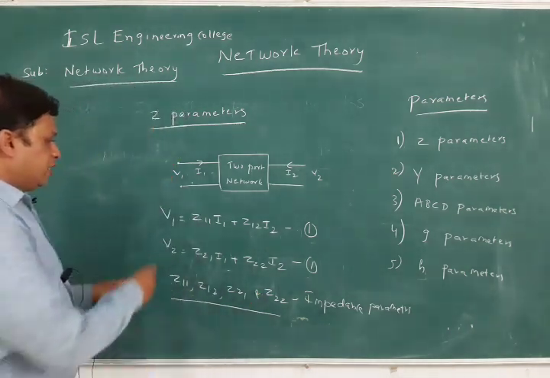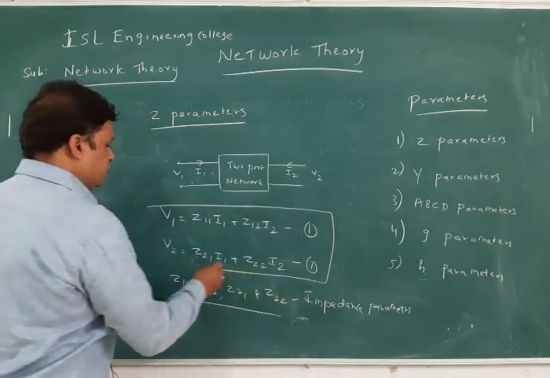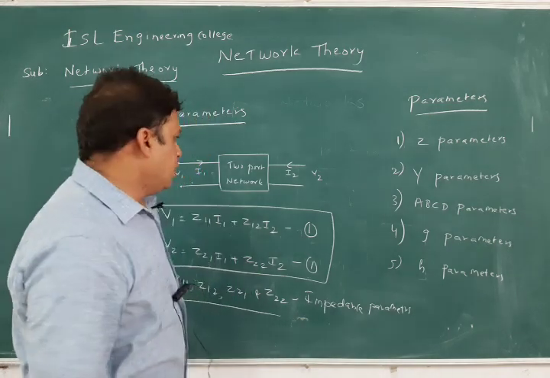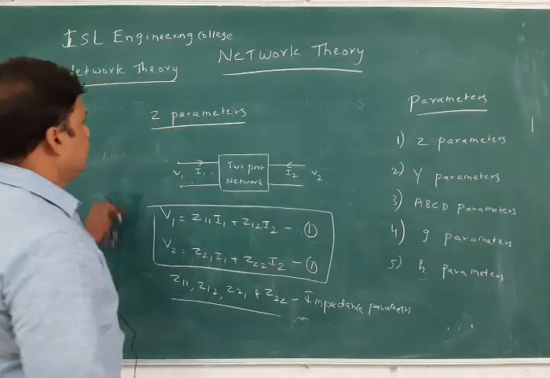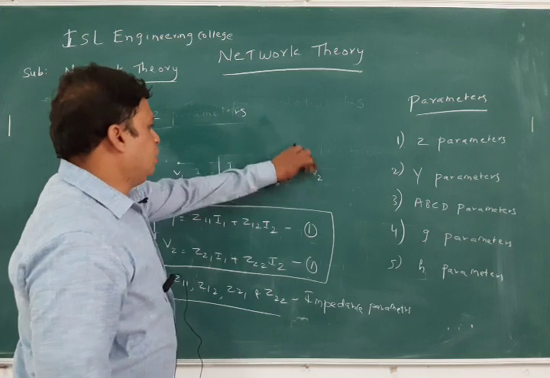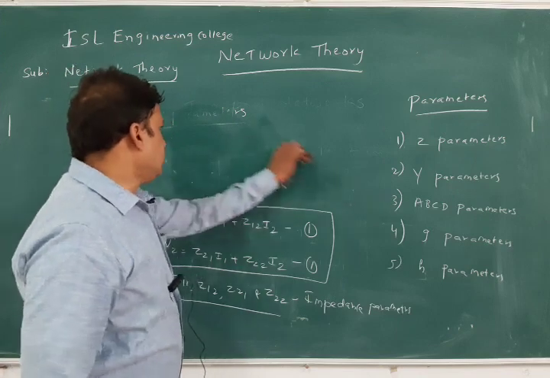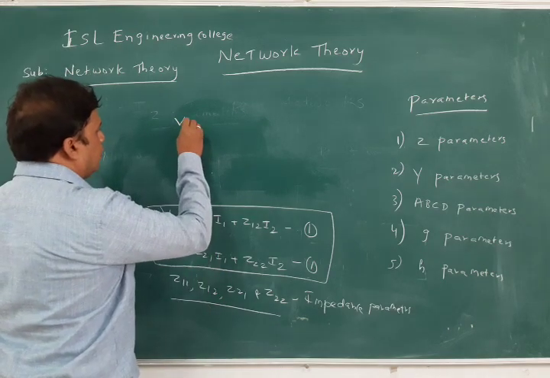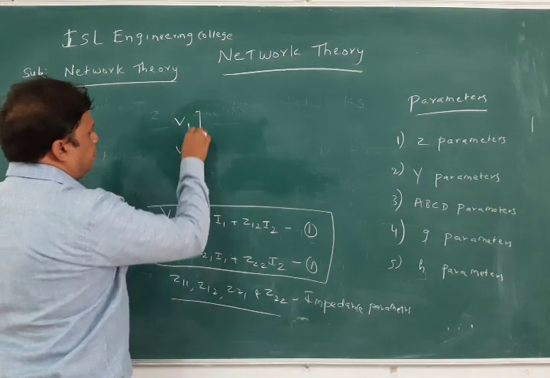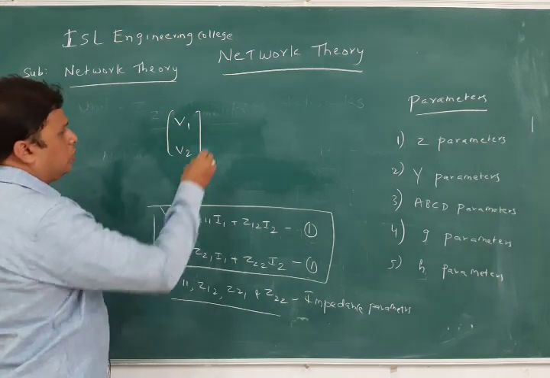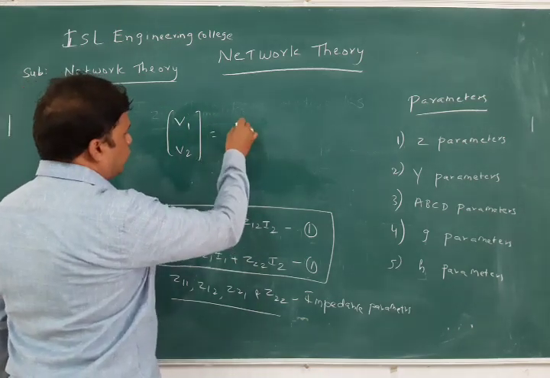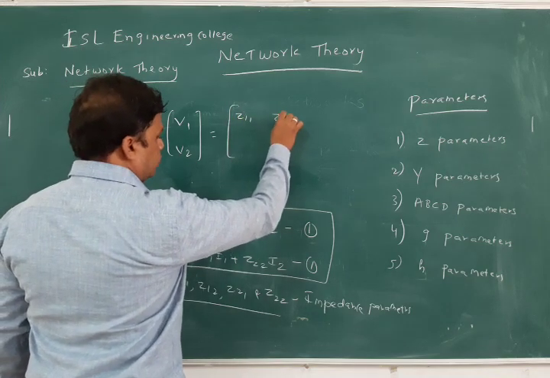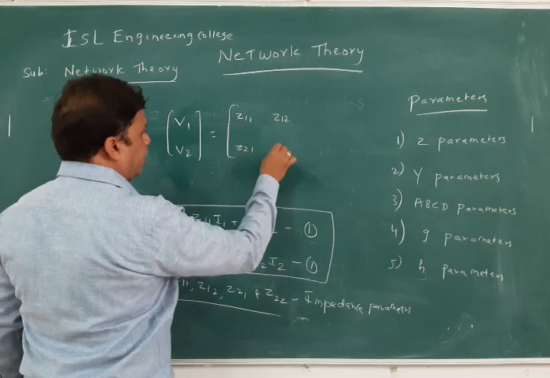So, seeing these equations, we can write them in matrix form also. How to write it in matrix form? First of all, we will see how to write it in matrix form. This is a column matrix V1, V2, and here is equal to is placed, and next we are taking Z11, Z12, Z21 and Z22.